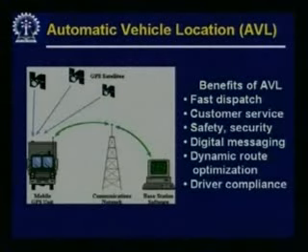There are all kinds of other applications. Then automatic vehicle location. This shows a mobile GPS unit on a truck, with the GPS satellites there. You can give fast dispatch, customer service, safety, security, digital messaging, dynamic route optimization.